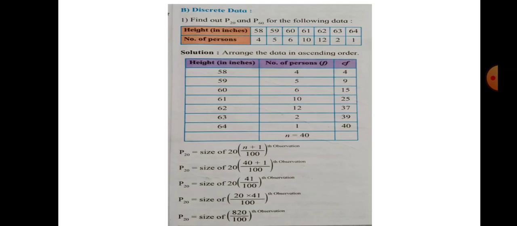Now the first one, what you have to find out? You have to find out P20. So what is the formula to find P20? P20 is equal to the size of 20 into bracket n plus 1 upon 100 bracket close at observation. In the next step, P20 is equal to the size of 20 into bracket, what is the n? That is the total frequency, 40 plus 1 upon 100 bracket close, observation.